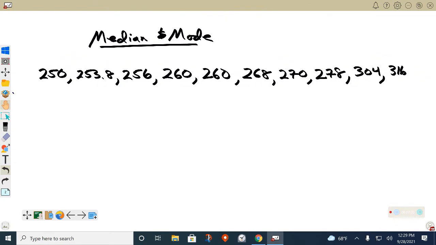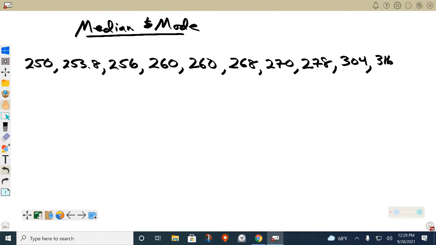All right. So let's find the median now. When I say median, I want to know the car that's in the middle of all the cars. Is there such a car?